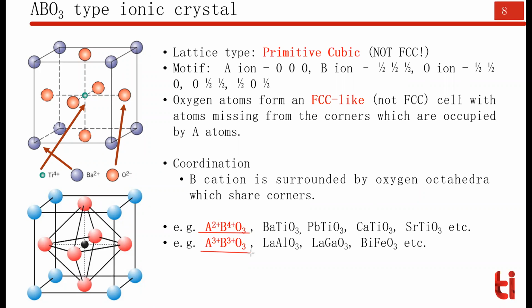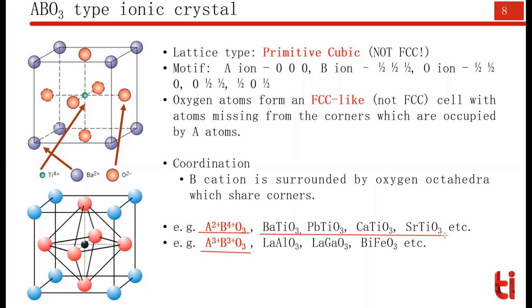For example, if you look at the solids that form the A2+, B4+, O3 type of configuration, you can see barium titanium oxide, lead titanium oxide, calcium titanium oxide, strontium titanium oxide, etc. form this kind of structure.